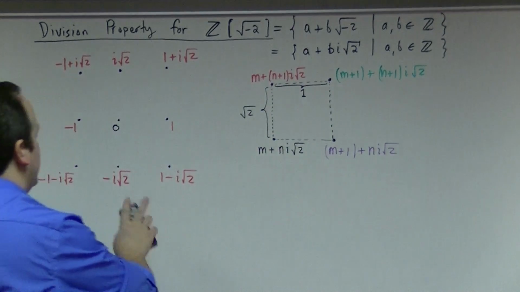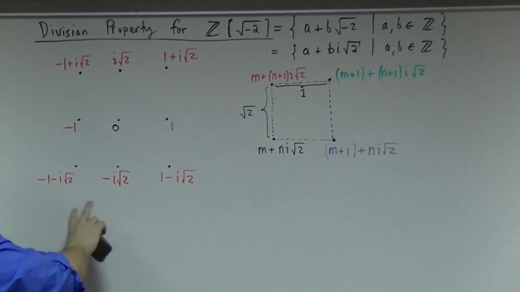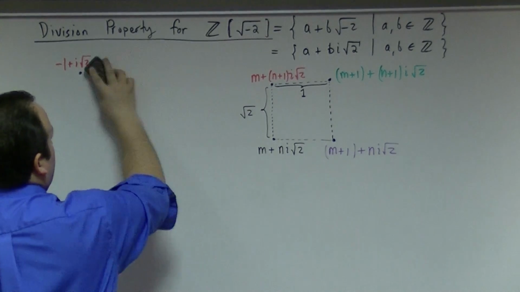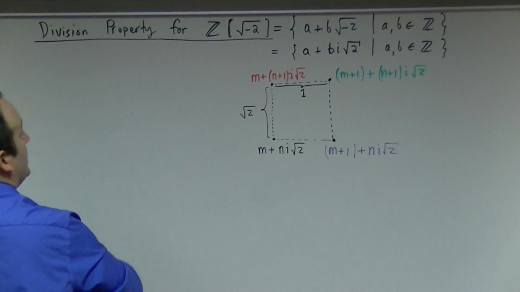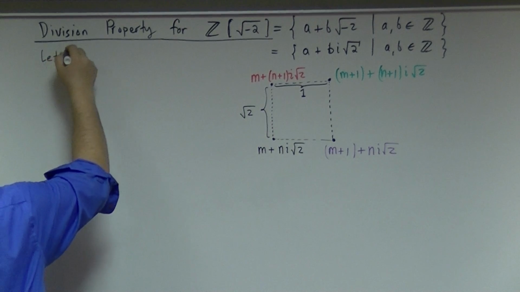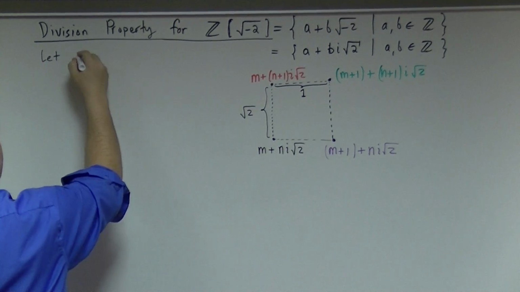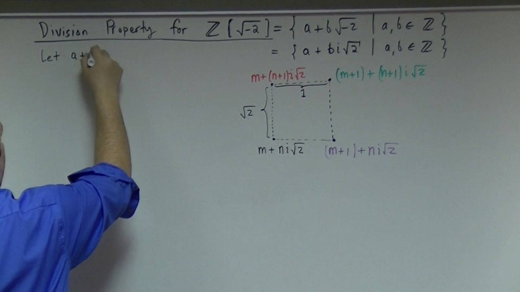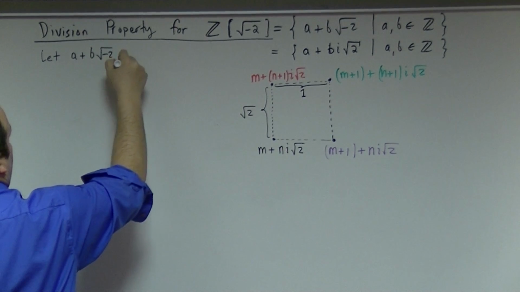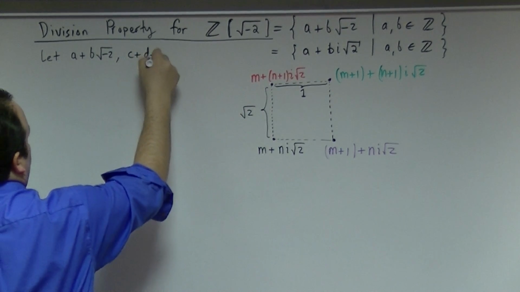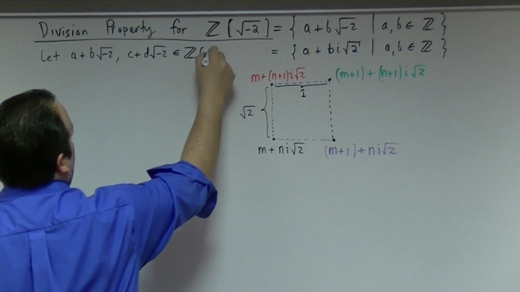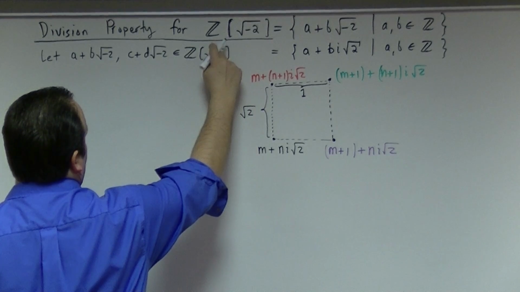If it's okay with you guys, I'm going to erase this grid now and work over here, okay? Well, even if it's not okay, I'm still going to do it. So let's say a plus b times square root of minus 2 and c plus d times square root of minus 2, the elements of the adjoin root minus 2, right?